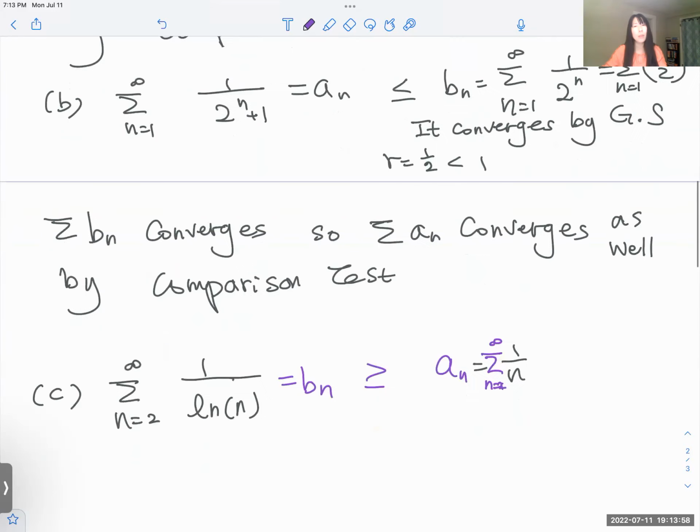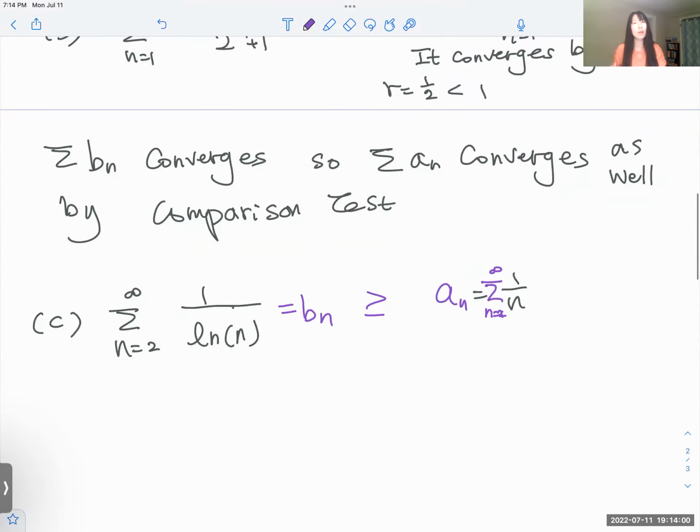Okay. Look. Same concept. We can show that this one is diverging, or we can show this converges, right? So what can you say?